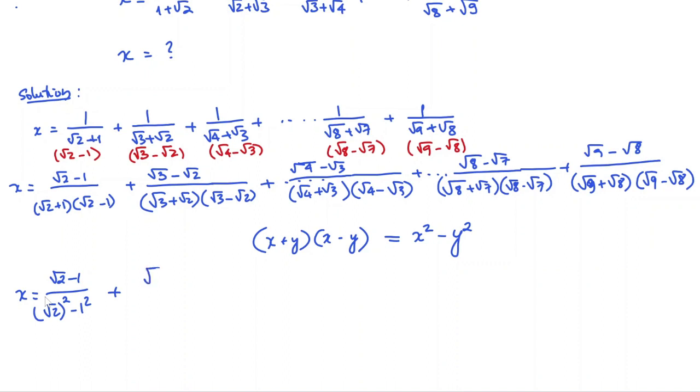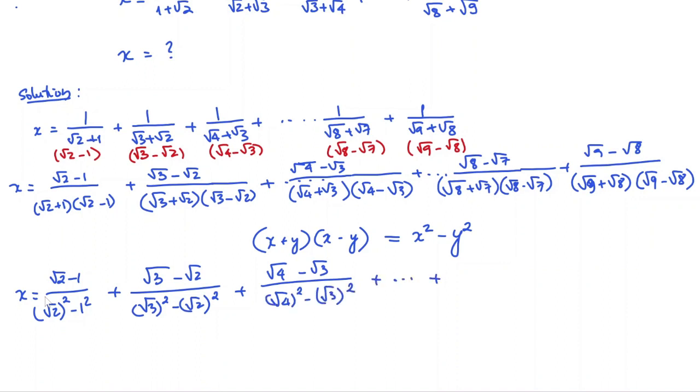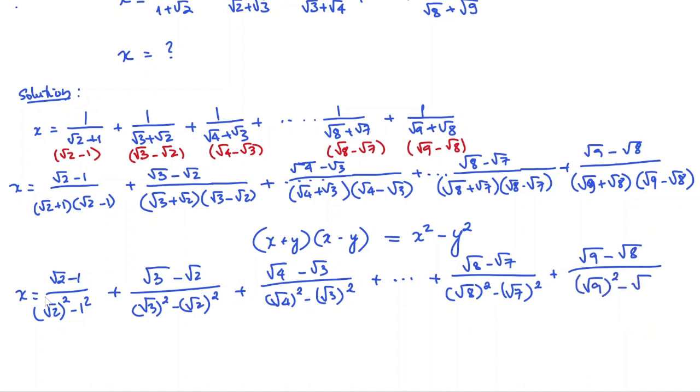The next one is square root 3 minus square root 2 over square root 3 squared minus square root 2 squared. And similarly, we would have square root 4 minus square root 3 over square root 4 squared minus square root 3 squared, up to square root 8 minus square root of 7 over square root 8 squared minus square root of 7 squared. And the last one is square root 9 minus square root 8 over square root 9 squared minus square root of 8 squared.